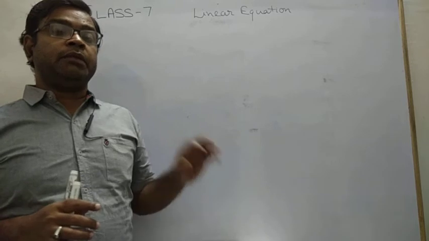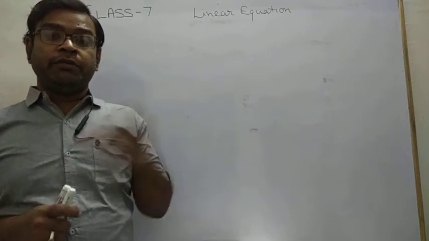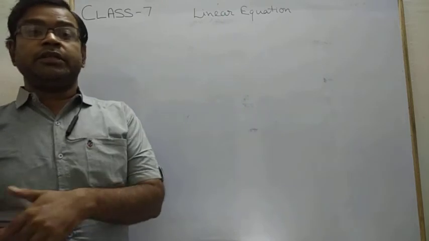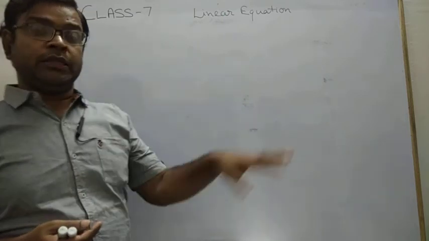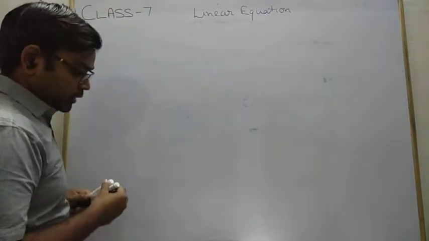Always remember, number and value are different. When you solve this one, you can easily understand the meaning of number and the meaning of value in this question. So I am using both things so that you can easily understand.